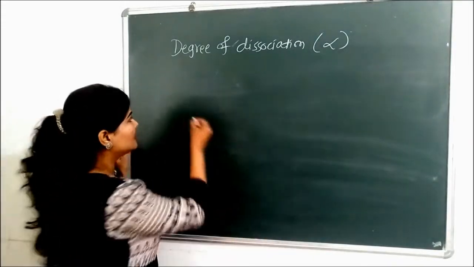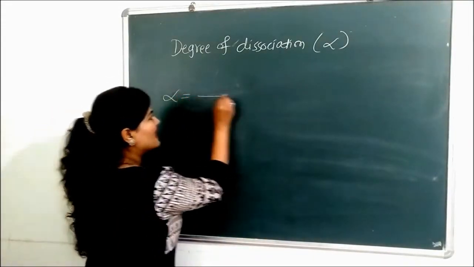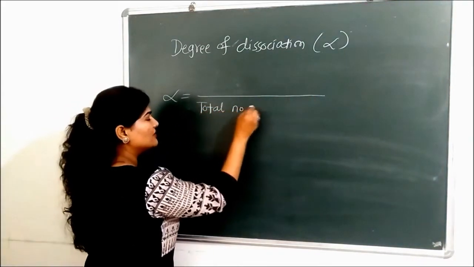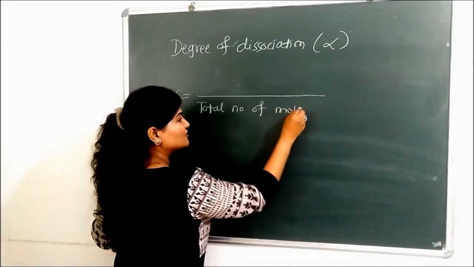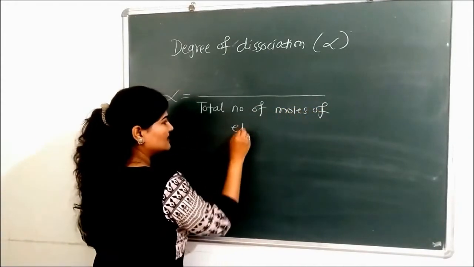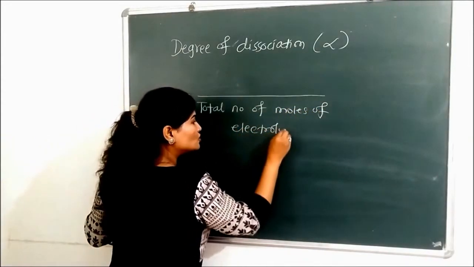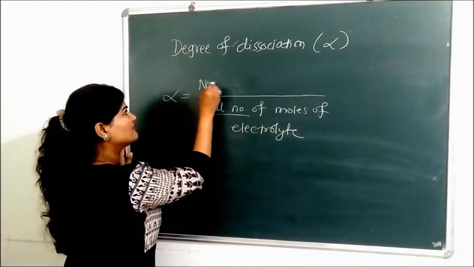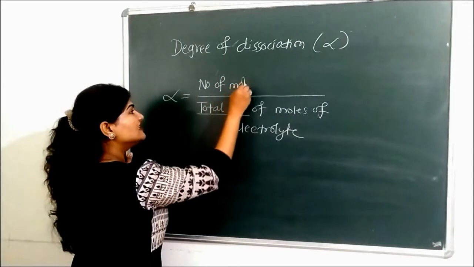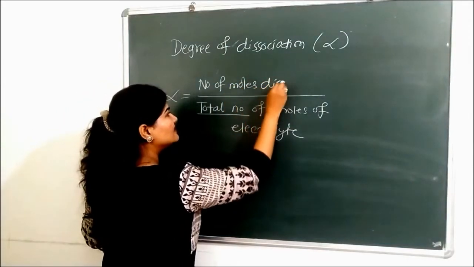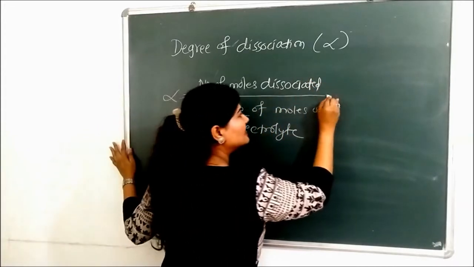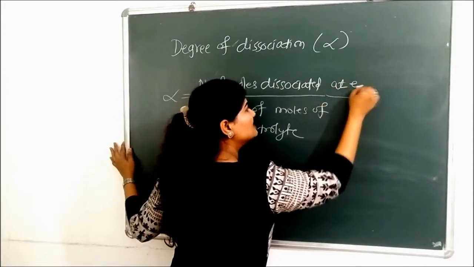That means, out of the total number of moles of electrolyte we have taken, how many moles actually dissociated to produce the ions at any given temperature at equilibrium.